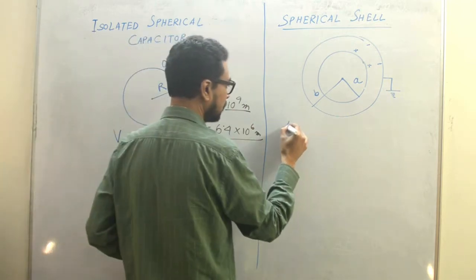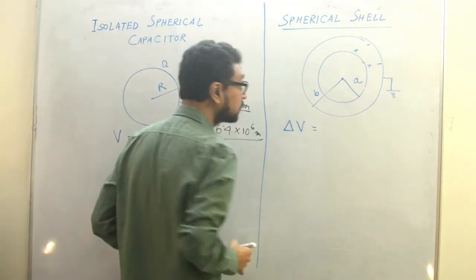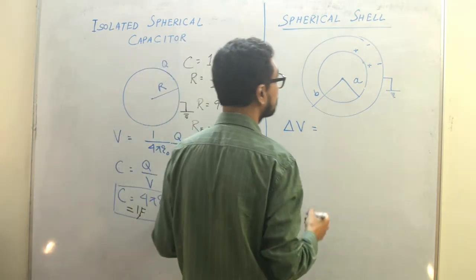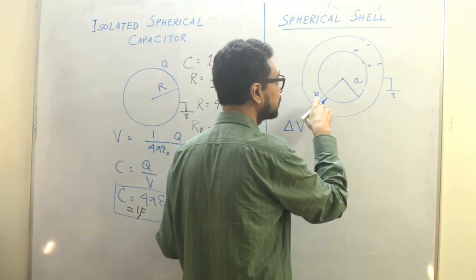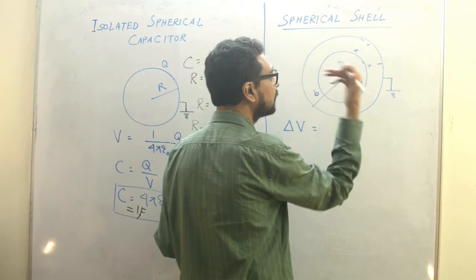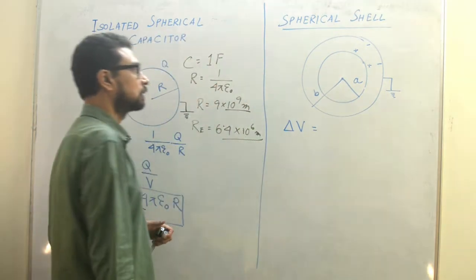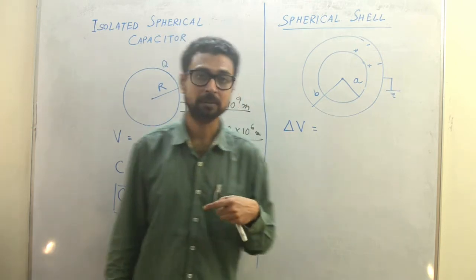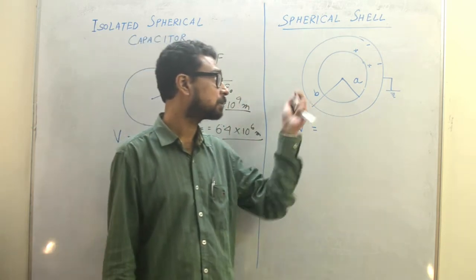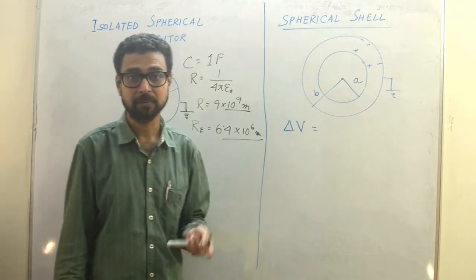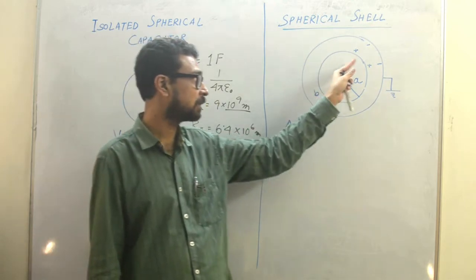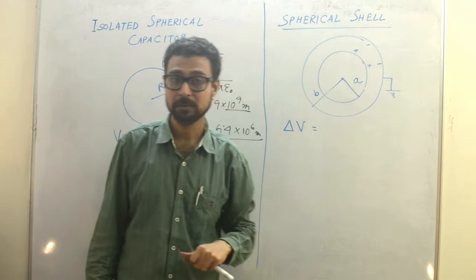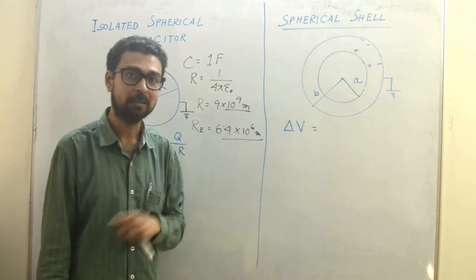Let us calculate that. The delta V is, since B is more, the potential will be lesser in that way. So we have to calculate the potential difference. Here the potential doesn't remain constant; we have an earthing connection, and so the induction occurs in a different way. We have given a plus charge here only, and the outside charge is due to induction, so there will be a potential difference.